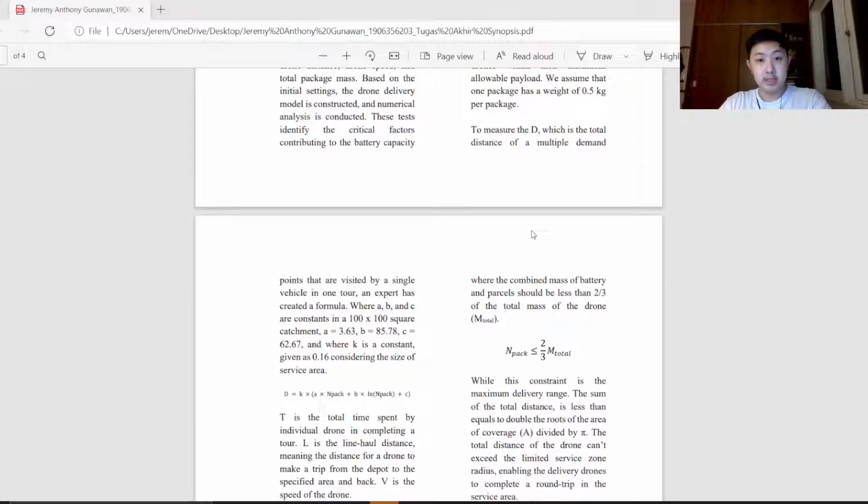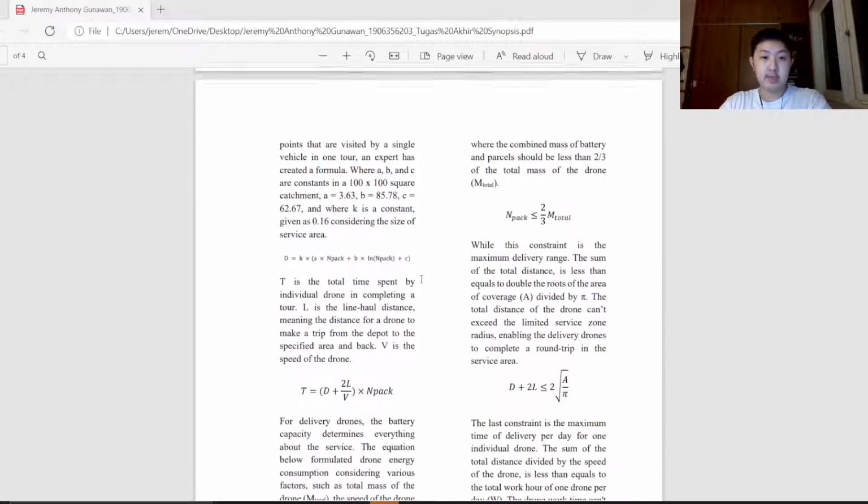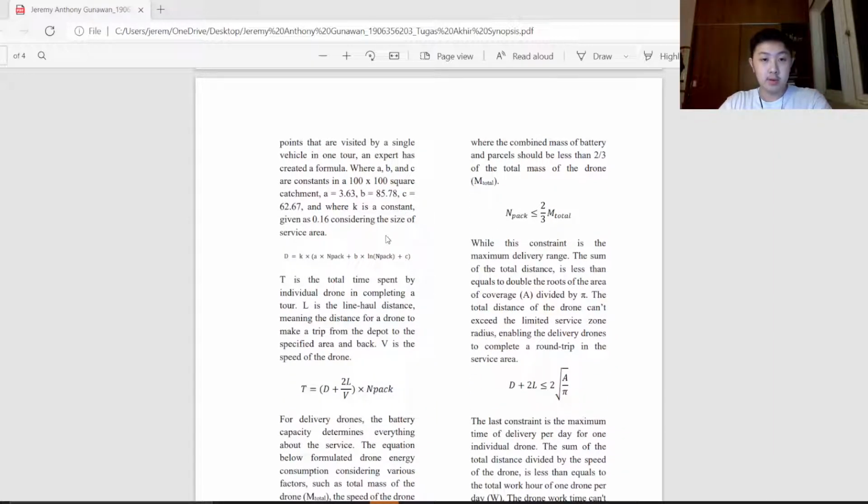To measure the D, which is the total distance of the multiple demand points that are visited by a single vehicle in one tour, an expert has created a formula where A, B, and C are constants in a 100 times 100 square catchment, where A is 3.63, B is 85.78, and C is 62.67, and K is a constant, given as 0.16 considering the size of the service area.